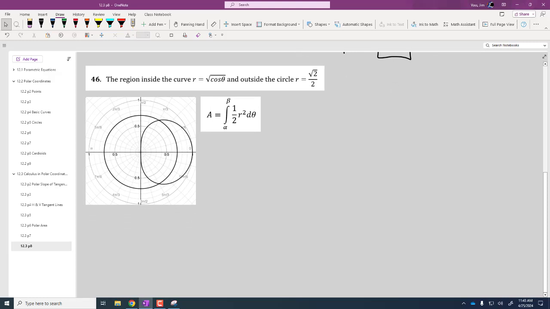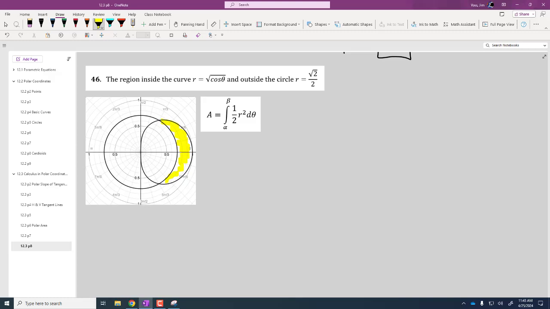So this says the region inside r equals root cosine and outside the circle. That circle is centered at the origin. So it says outside the circle and inside this thing. The region we're going to find, which we'll do on Tuesday, will just be that crescent right there. That's outside the circle and inside that thing.